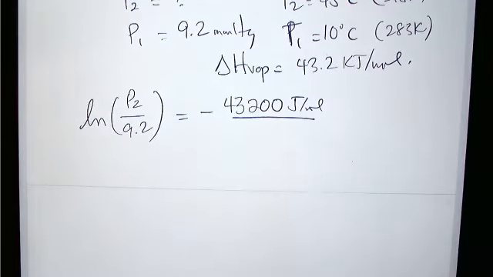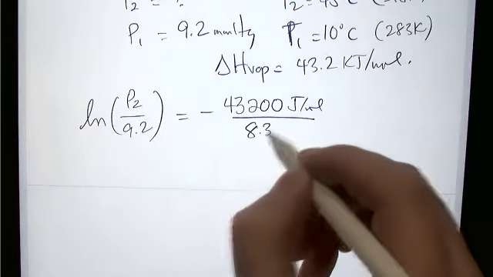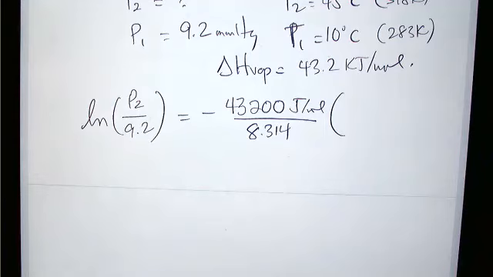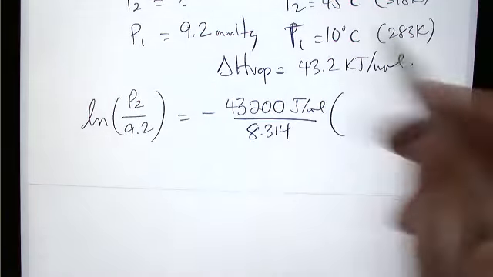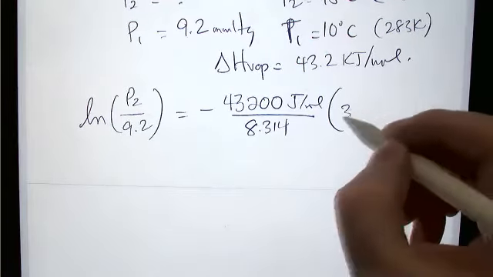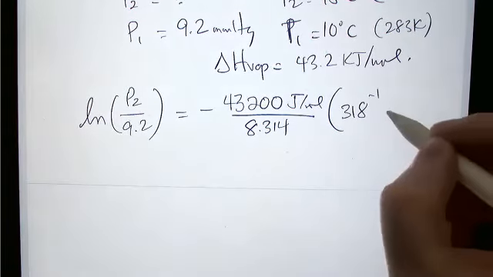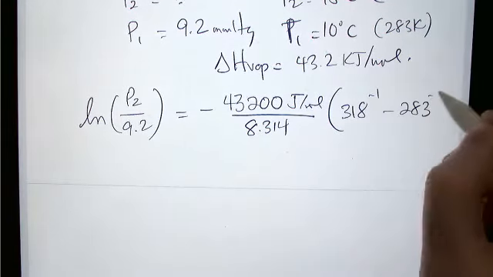When you're calculating delta H VAP, it comes out as joules. So when you put it back in, you got to put it back in as joules into the equation. You can't put kilojoules. The R is 8.314. Be careful here. The temperature that goes first is the one that goes with the numerator over there. So I want 318 reciprocal minus 283 reciprocal.